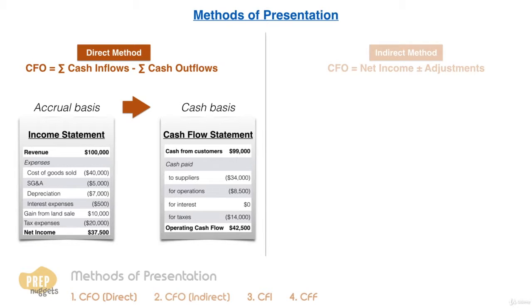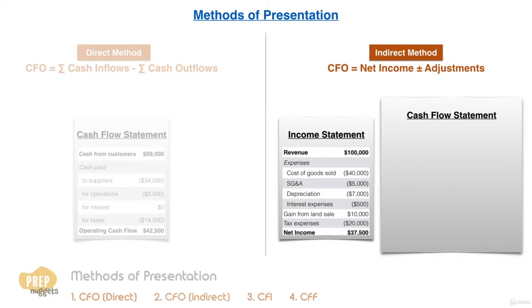So you can see, the revenue and expenses accounted for on accrual basis and the actual cash received and expensed can be vastly different. Conversely, you can also see the similarities of the income statement and direct method cash flow presentation. The direct method begins with cash inflows from customers and then deducts cash outflows for purchases, operating expenses, interest, and taxes.